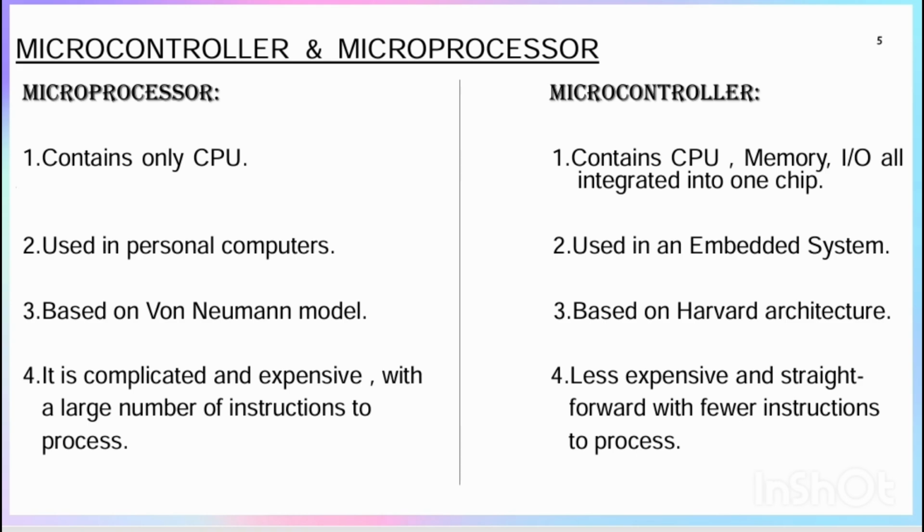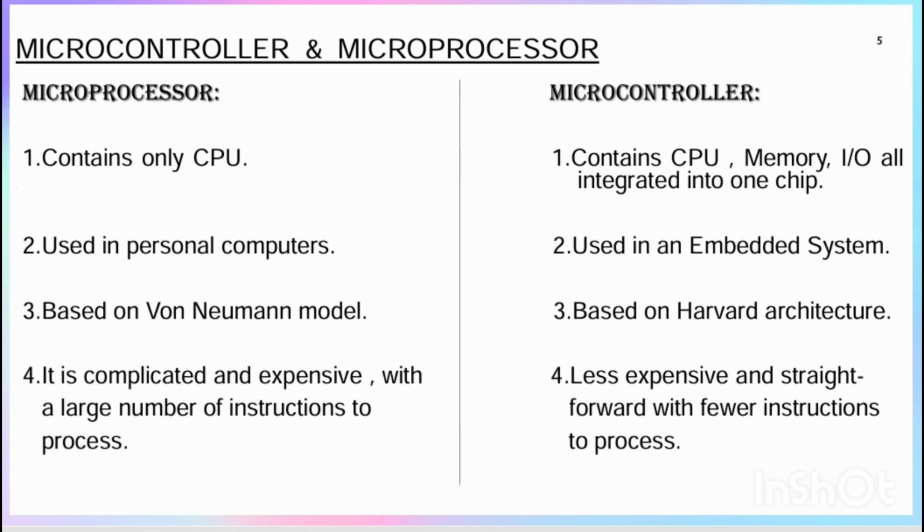A microprocessor is based on the Von Neumann model, whereas a microcontroller is based on Harvard architecture. A microprocessor is complicated and expensive with a large number of instructions to process, whereas a microcontroller is less expensive and straightforward with fewer instructions to process.